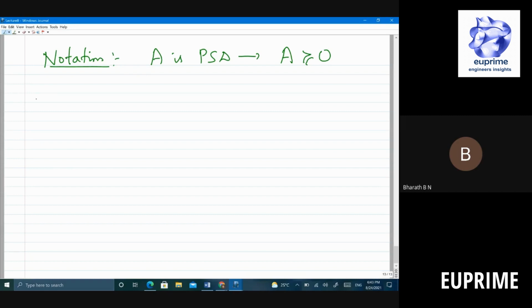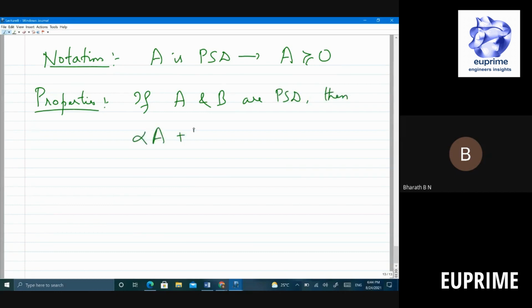Okay, now, what are the properties? If A and B are positive semi-definite, then alpha A plus beta B is also positive semi-definite. How do you prove this? Can somebody try proving this?